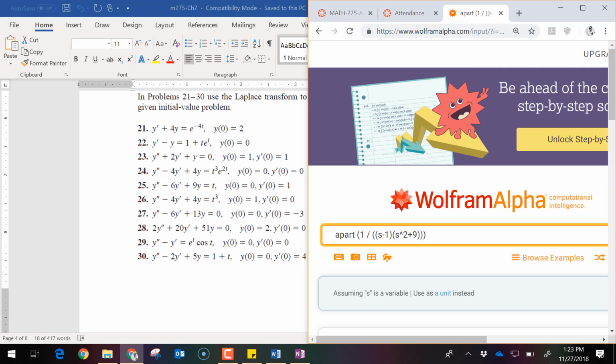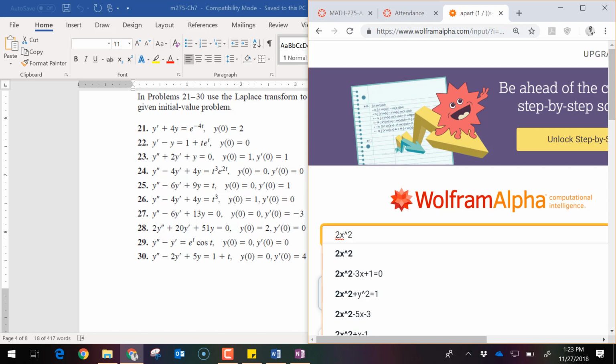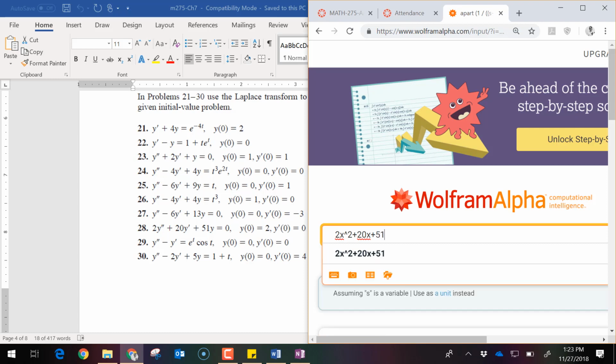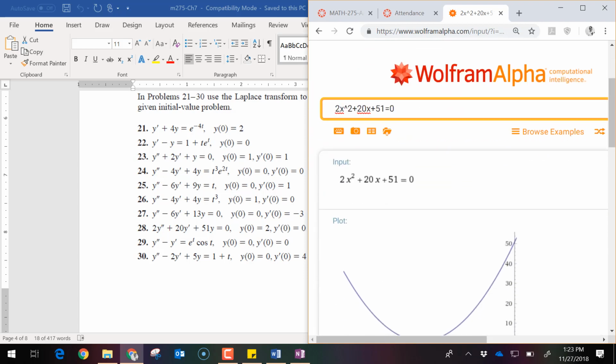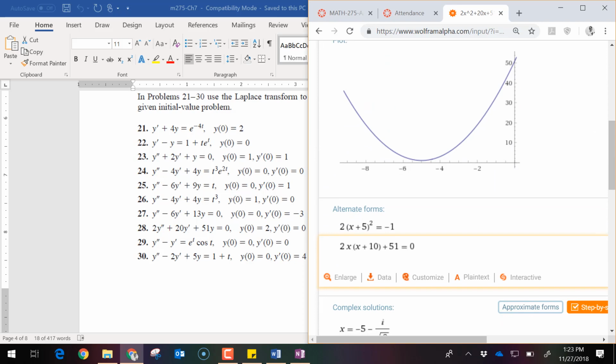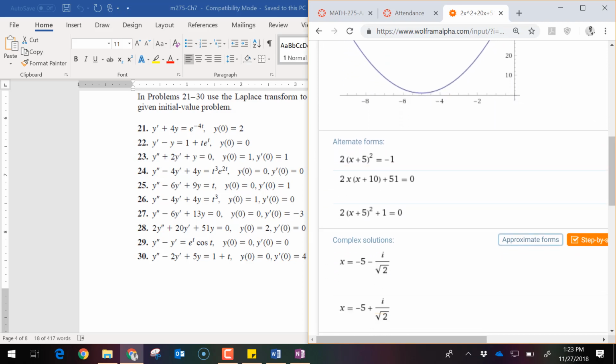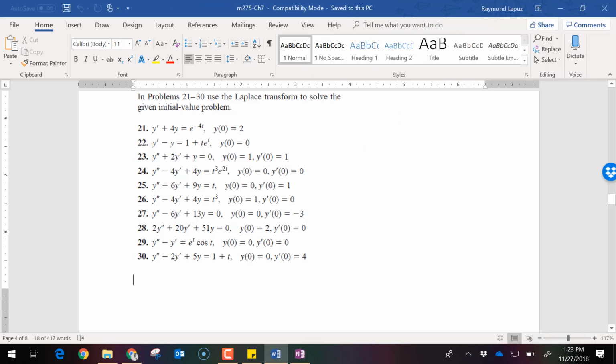I'm just looking for a good example, another example. Equals 0. Let's see if it knows to solve. Yep, imaginary number. All right, let's do number 28.